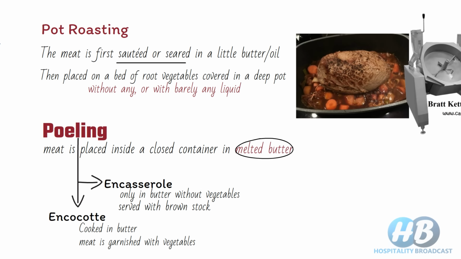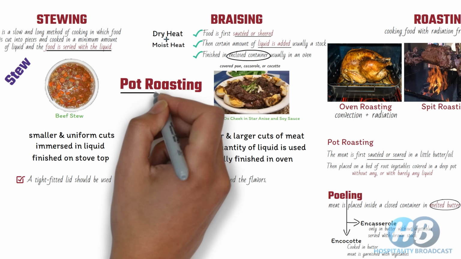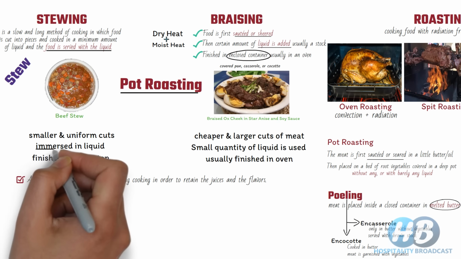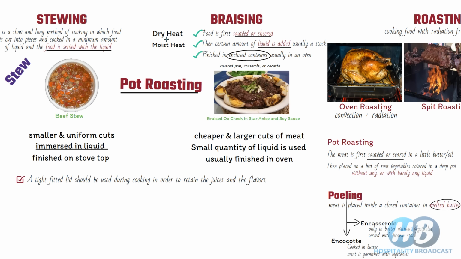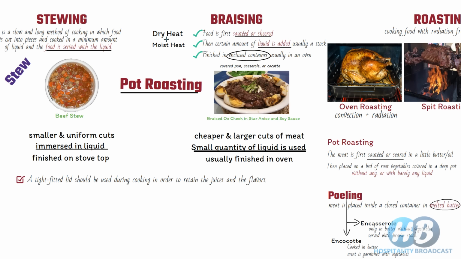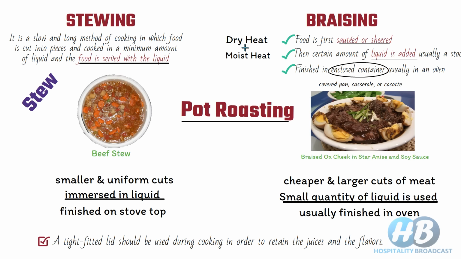Now, many of the professionals also get confused in three terms, that is, pot roasting, stewing, and braising. In stewing, meat or food is completely immersed in water, while in braising, some amount of liquid is required, and in pot roasting, a very small quantity of liquid may or may not be required.